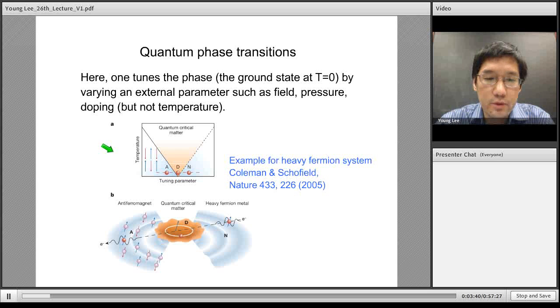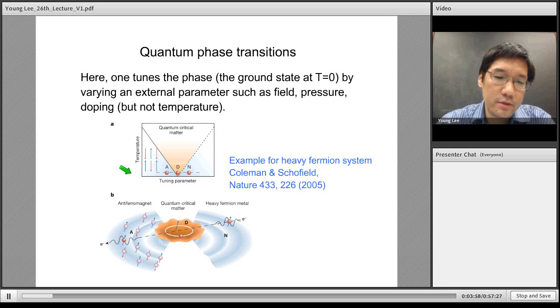So temperature is now on the y-axis, and a tuning parameter is on the x-axis. And that tuning parameter, for example, could be magnetic field or pressure. And this is an example from a heavy fermion system.